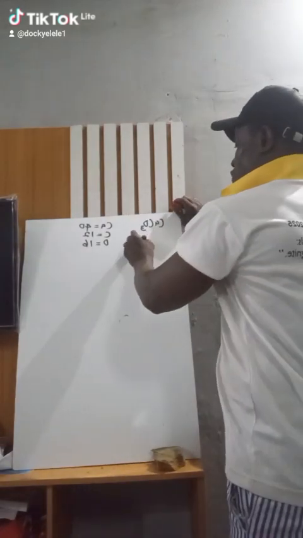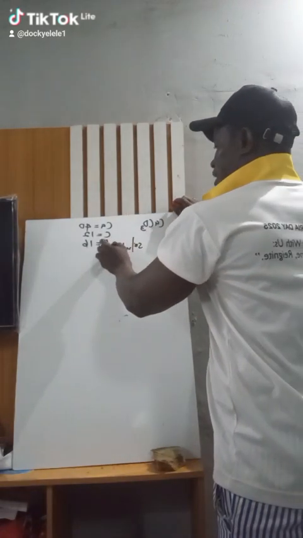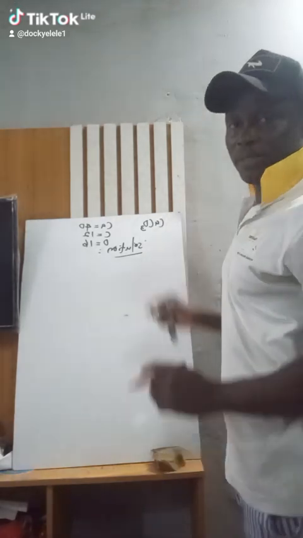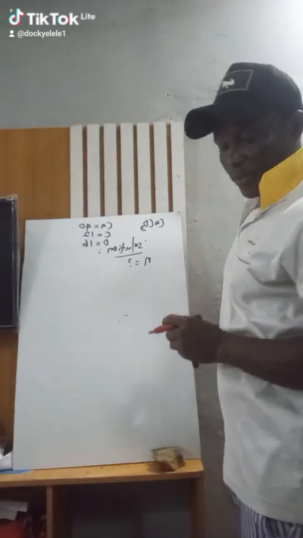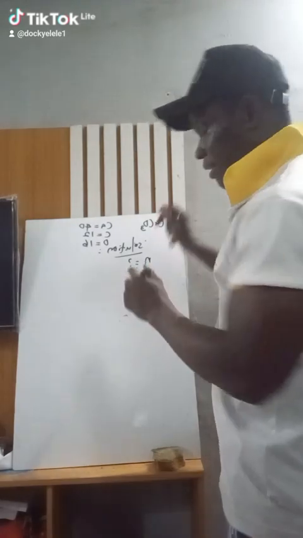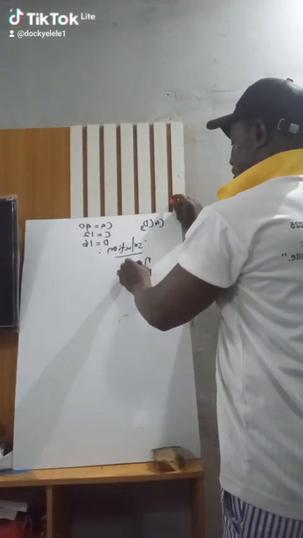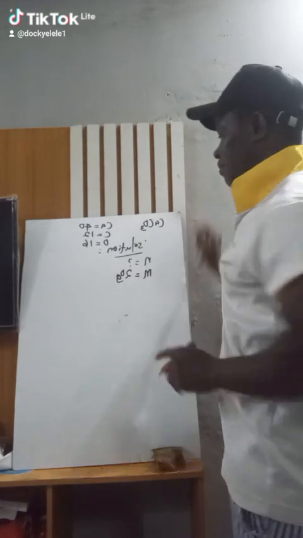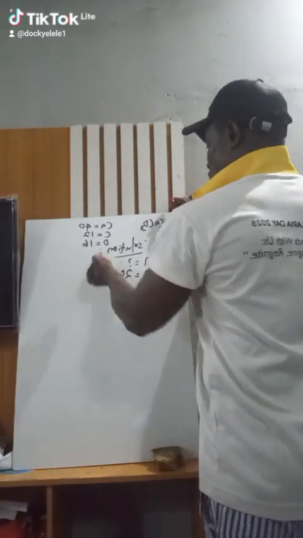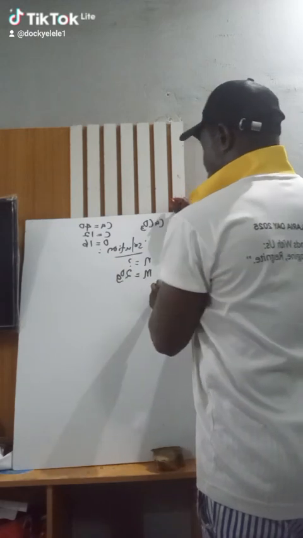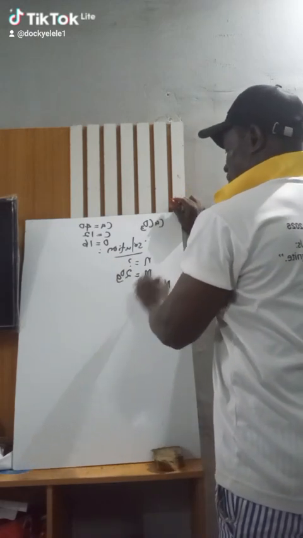So for solution, number of moles, I don't have it. The question is saying that we have mass. Mass is 20 grams. Very simple. Now I can calculate the molar mass. How do I get the molar mass of this compound? Very simple.